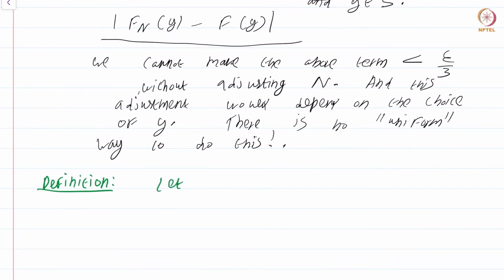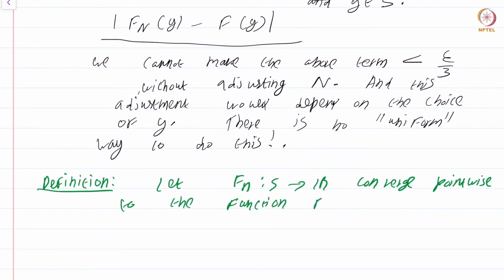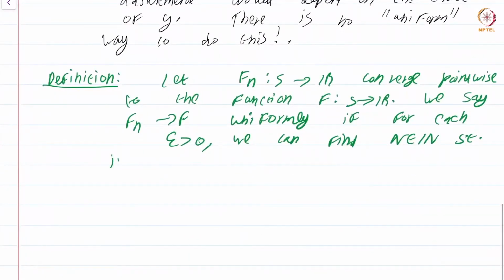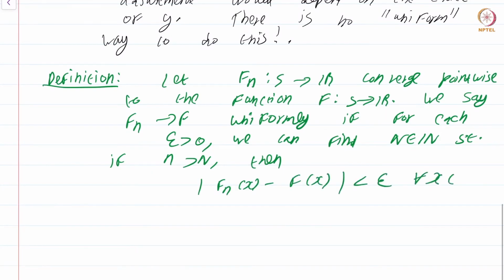So let fn from S to R converge pointwise to the function f from S to R. We say fn converges to f uniformly (so uniform convergence is stronger than pointwise convergence) if for each epsilon greater than 0 we can find capital N in N such that if n is greater than capital N, then modulus fnx minus fx is less than epsilon for all x in S.